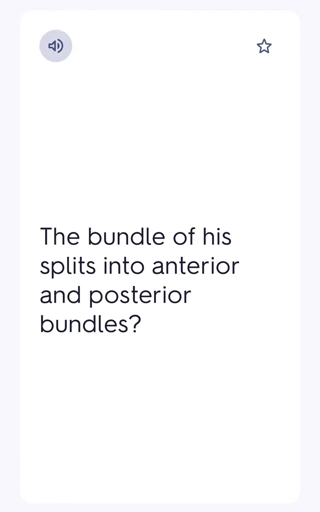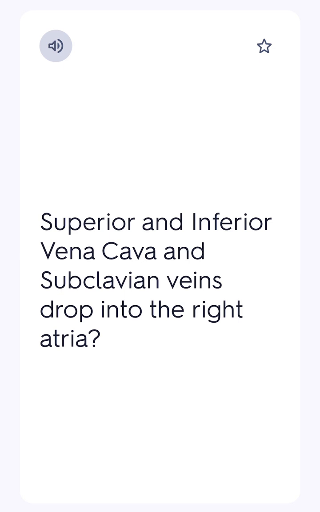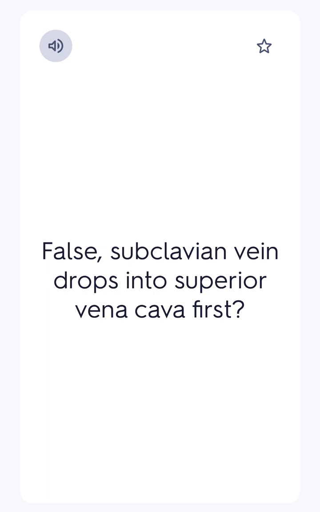The bundle of His splits into anterior and posterior bundles. False, left and right. Superior and inferior vena cava and subclavian veins drop into the right atria. False, subclavian vein drops into superior vena cava first.